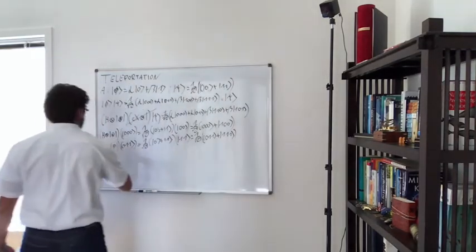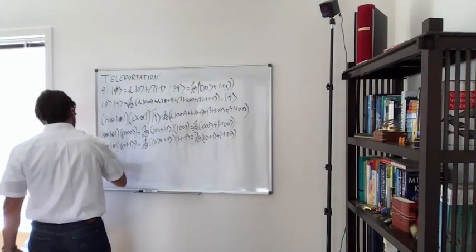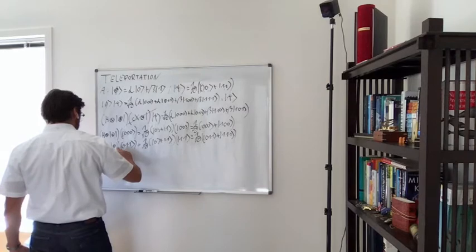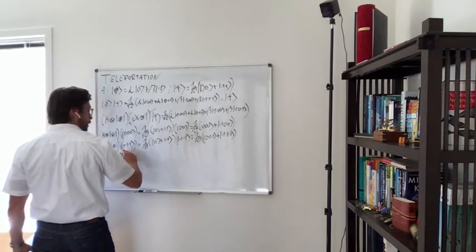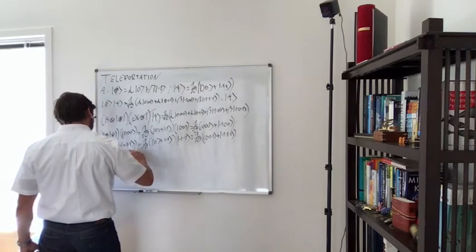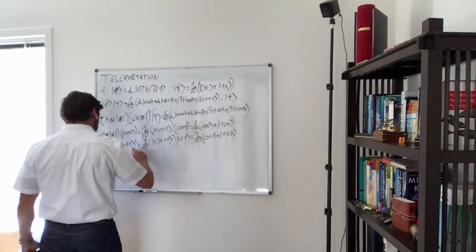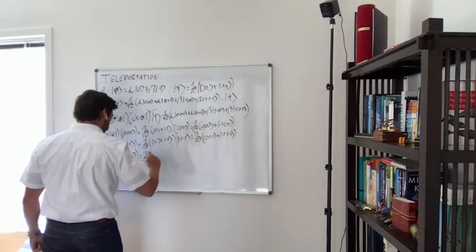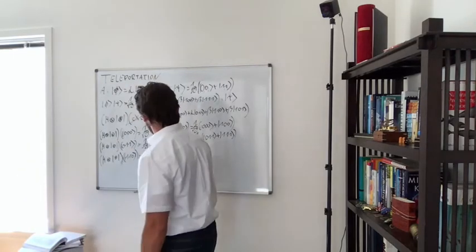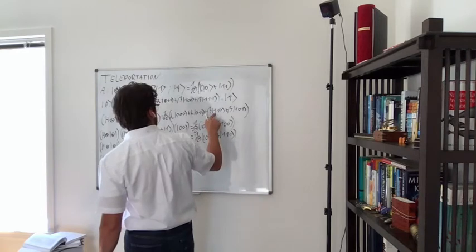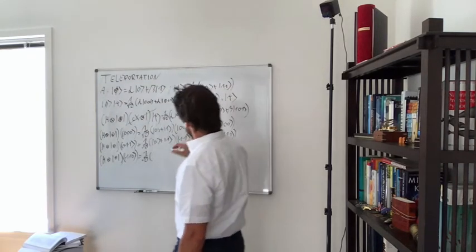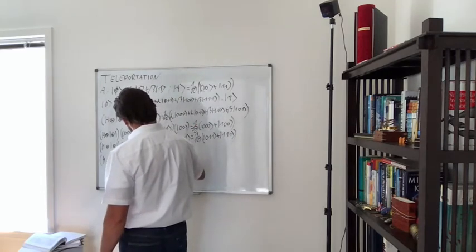All right, let's do the third one. So remember, superposition or Hadamard transformation applied to the state 1 gives us 0 minus 1 with a negative relative phase.